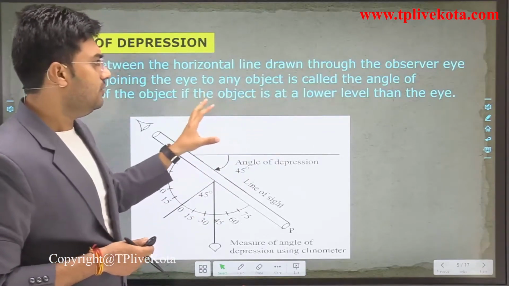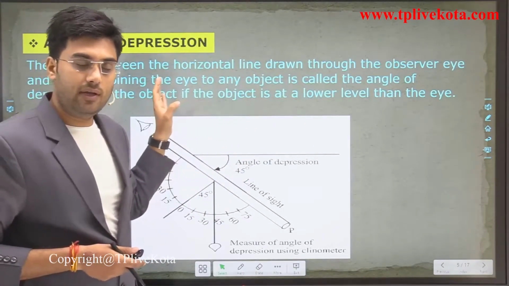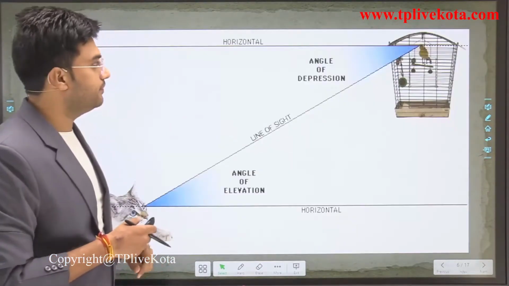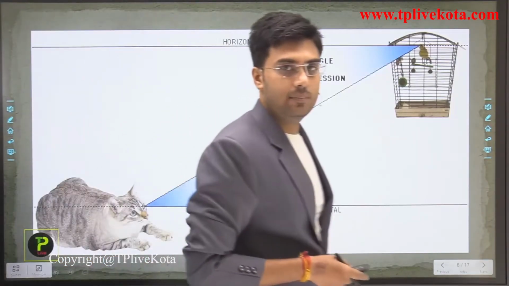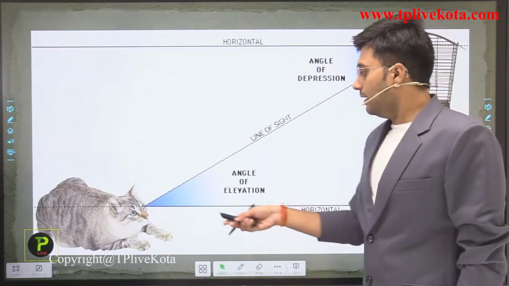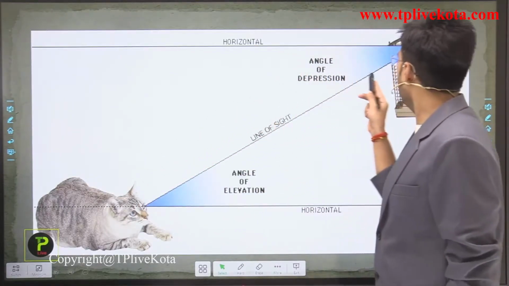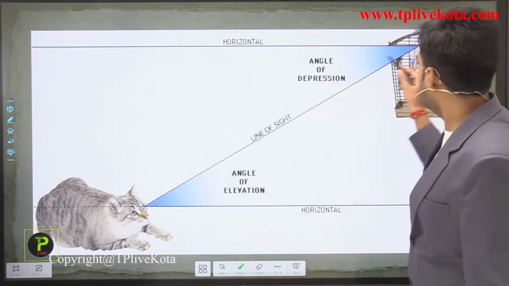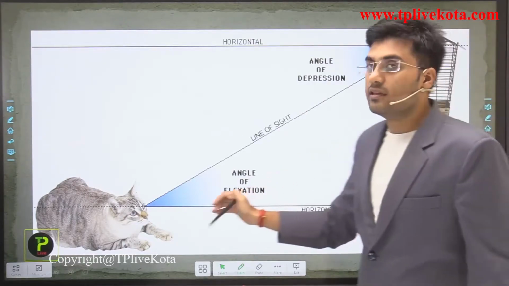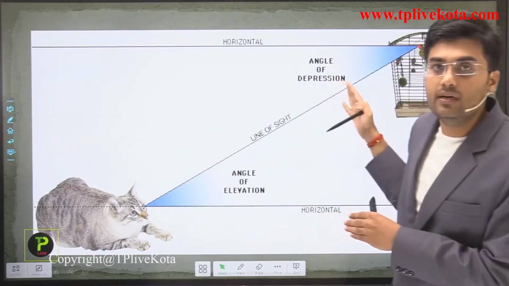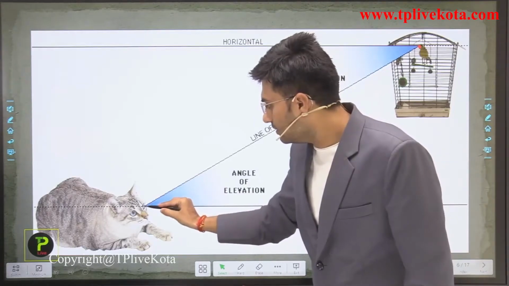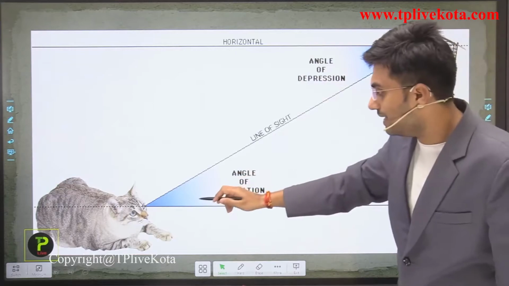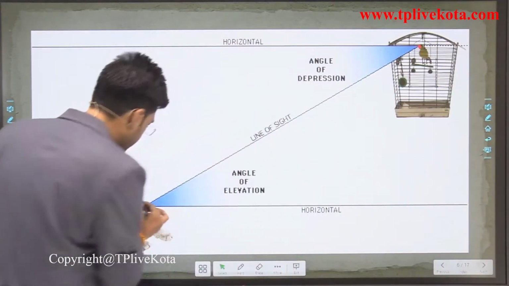So students, now let's discuss angle of depression and angle of elevation with a few examples. Here we have a cat and here we have a bird. If this cat looks at this bird, the cat is lower than the bird, so the bird is above the cat's eye.